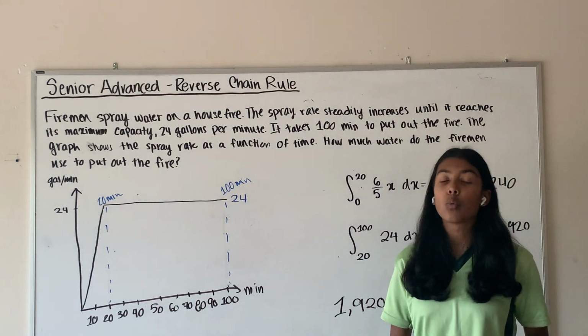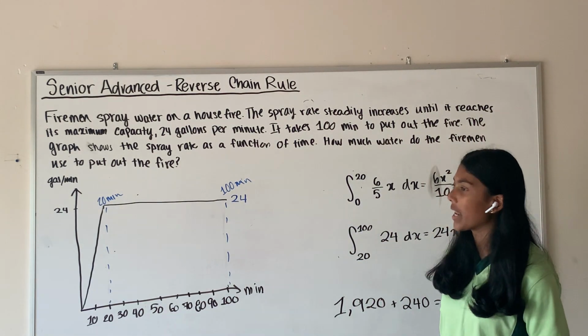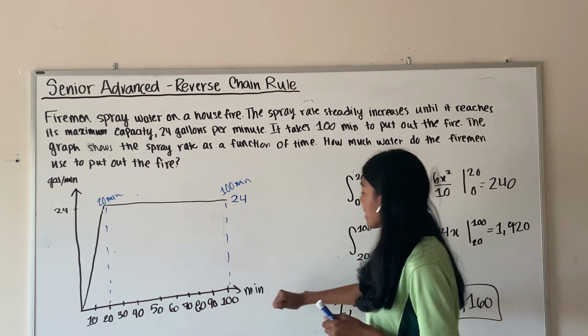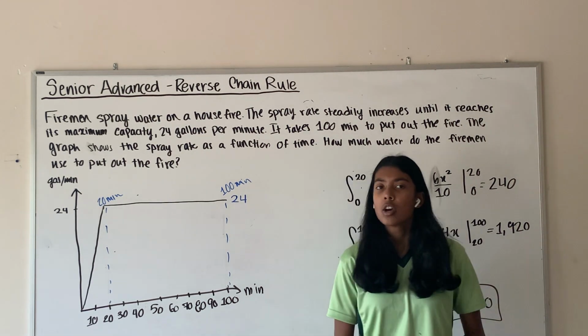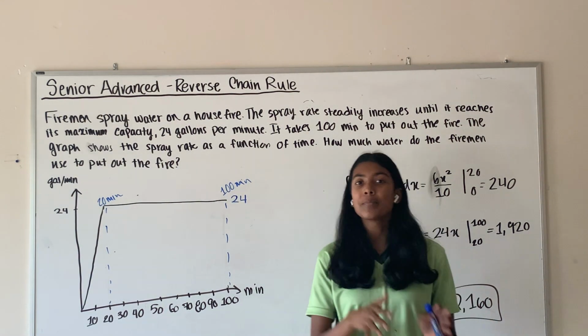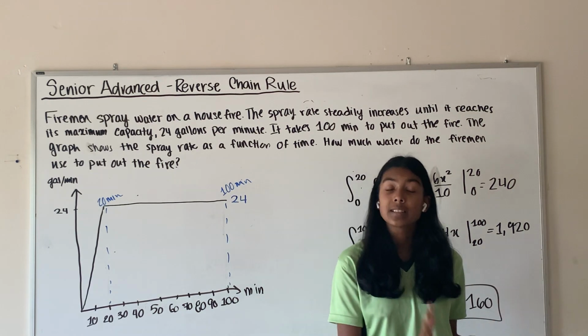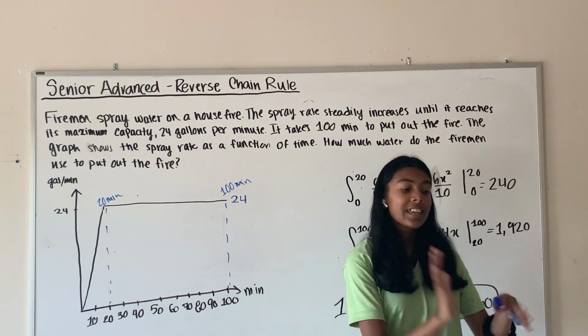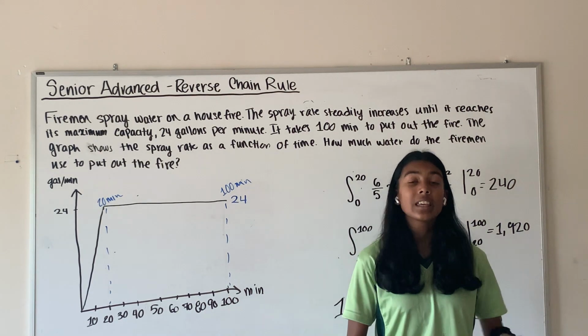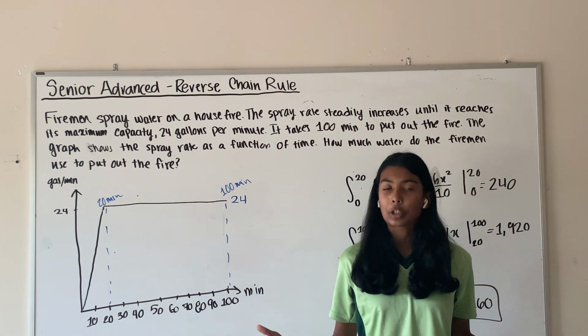We have our y-axis being gallons per minute, as in per minute, how much are we shooting out? And down here, we have the minutes. So if we think about it, the amount that's being shot out is going to be the gallons per minute times the time. But if you think about it, the gallons per minute times the time is basically going to give you the area underneath the curve.